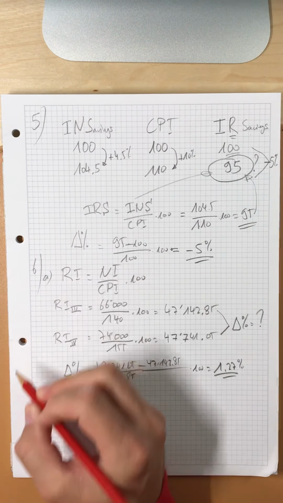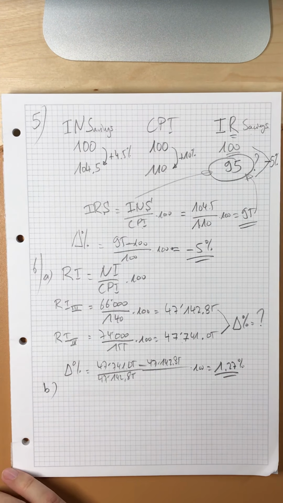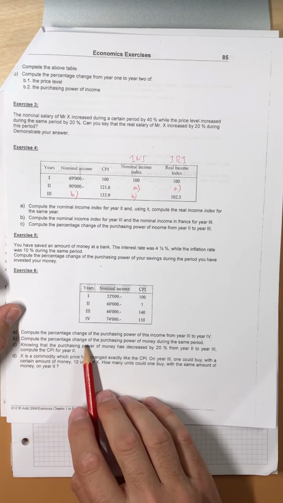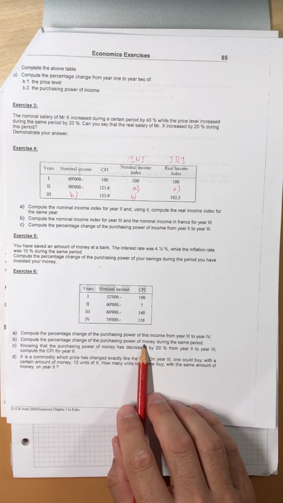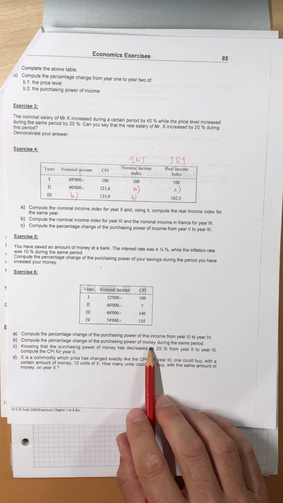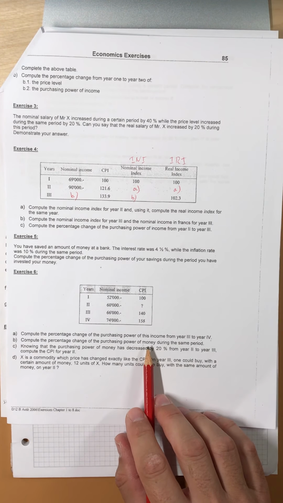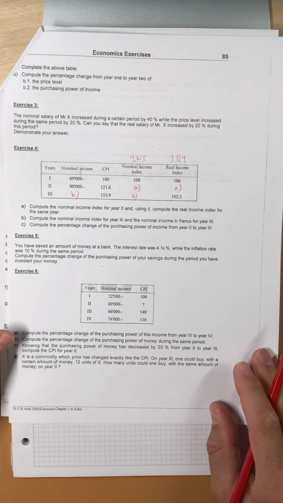That was question A. Question B is compute the percentage change of the purchasing power, not of income now, but of money. It's about the purchasing power of money. When you read that, it's always the IPPM during the same period.